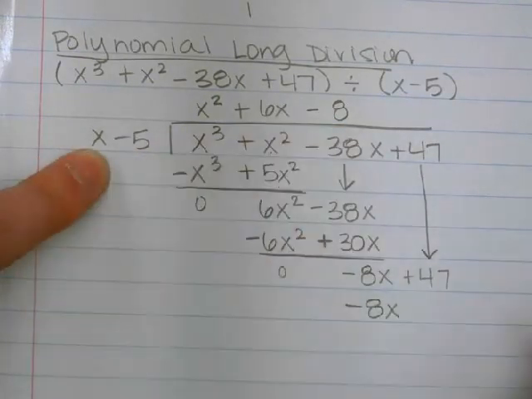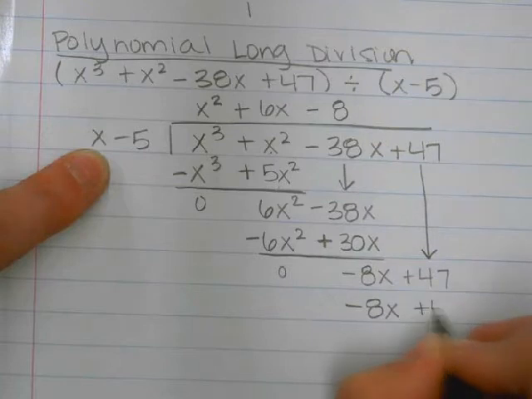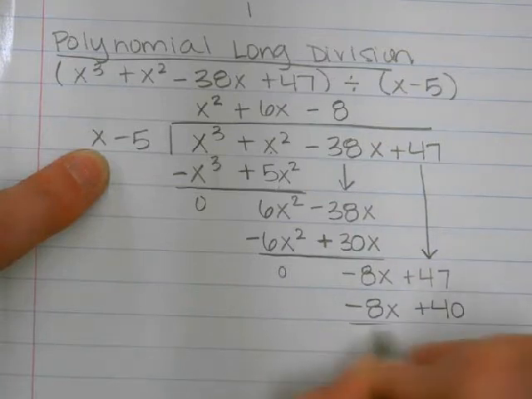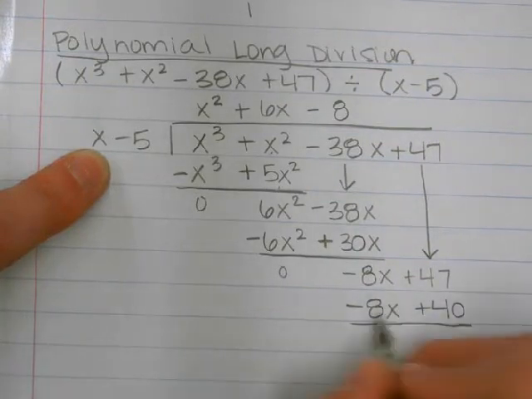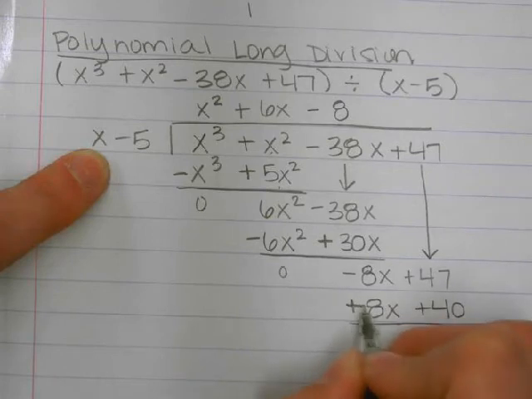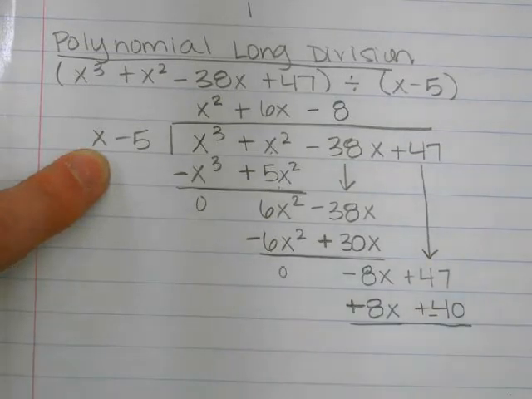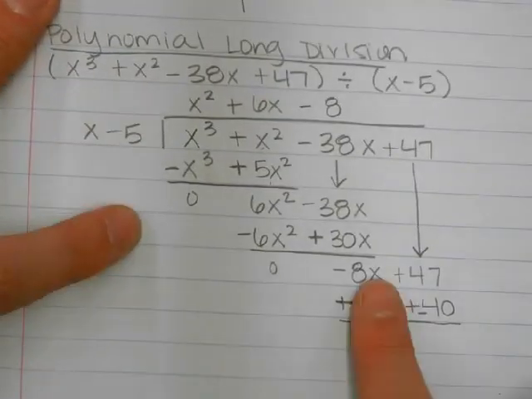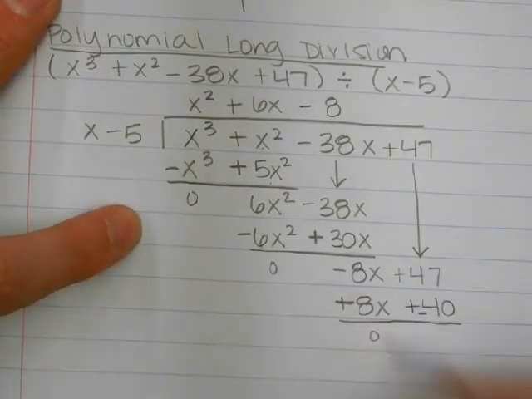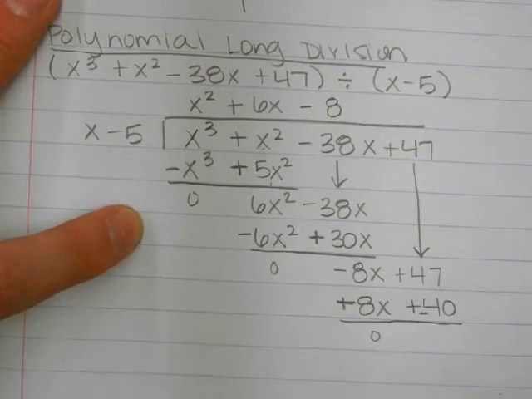Negative 8 times negative 5 is positive 40. And when I draw the line underneath, I change the signs because I'm subtracting these things. And when I subtract, it makes it the opposite of the number. So negative 8x and positive 8x subtract to be 0, or they combine to be 0. 47 take away 40 is 7.